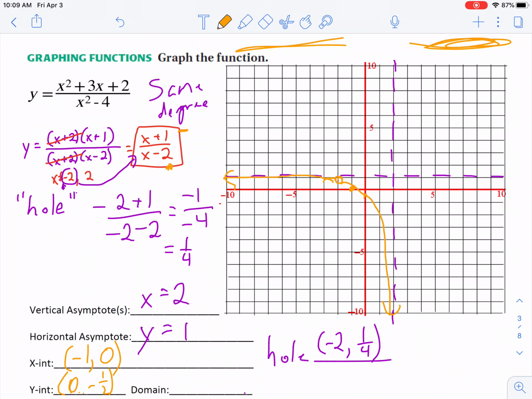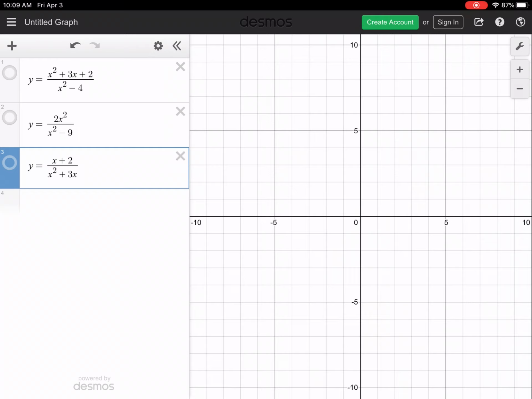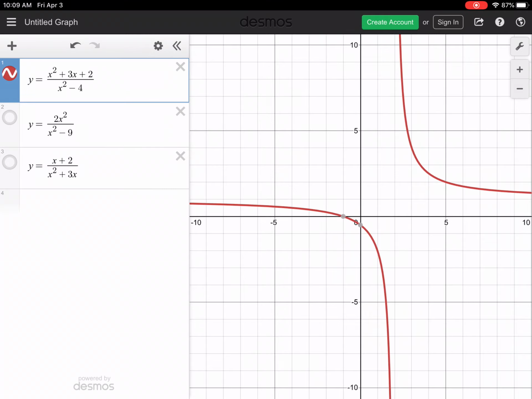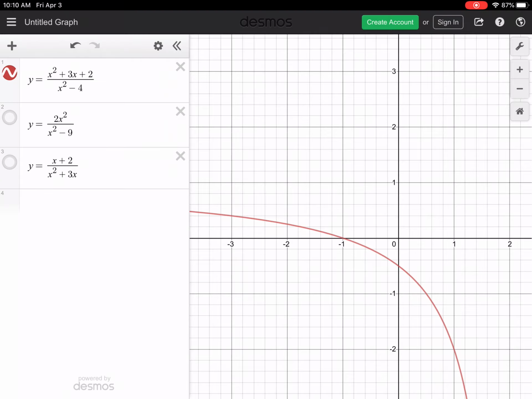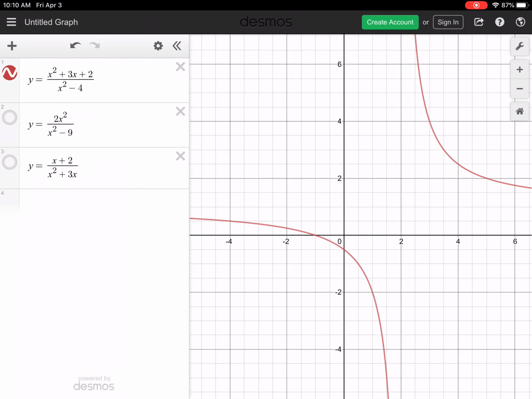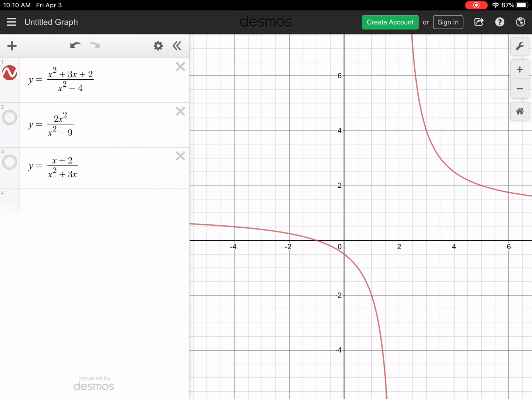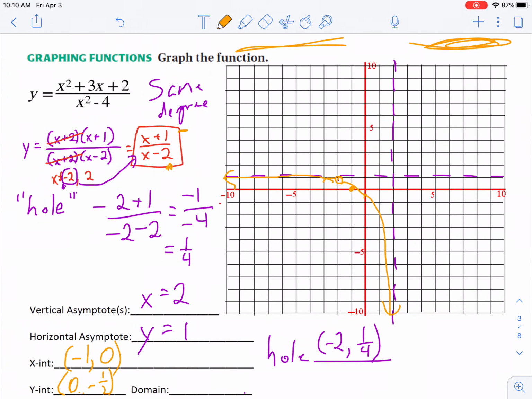I already made this up on Desmos, so I'm going to go ahead and pull that up and show you what it looks like. See how it looks right there? Okay, and Desmos doesn't really do a good job of showing this, but at negative 2, 1/4, there should be a hole right there.